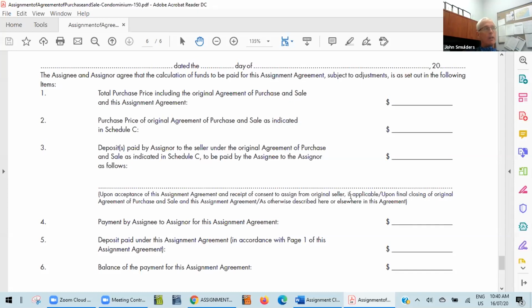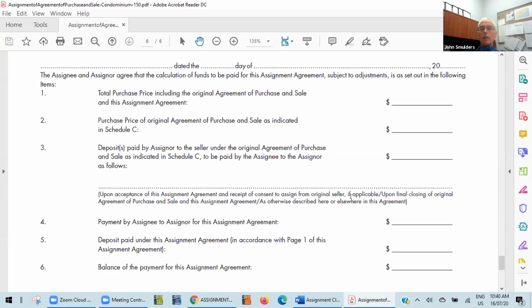What the sellers want is their money that they paid to the builder. All right, your buyer now has a cash flow problem because the builder still has that deposit of $50,000, okay? The buyer has to pay that deposit back to the seller, all right? So it's kind of a wash in many ways, okay?